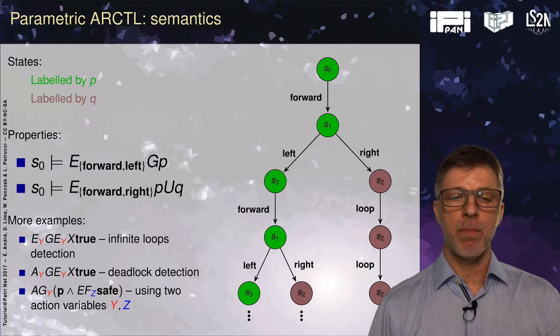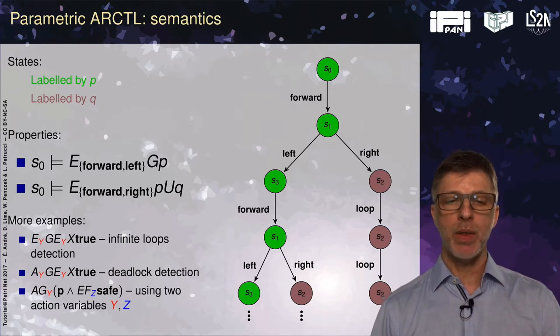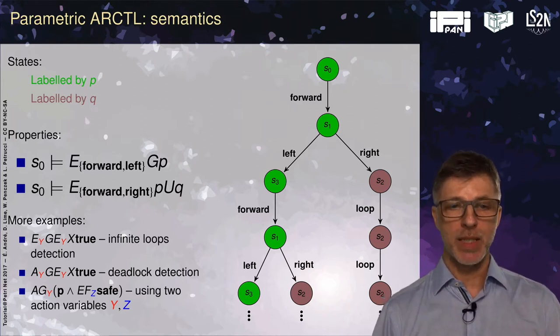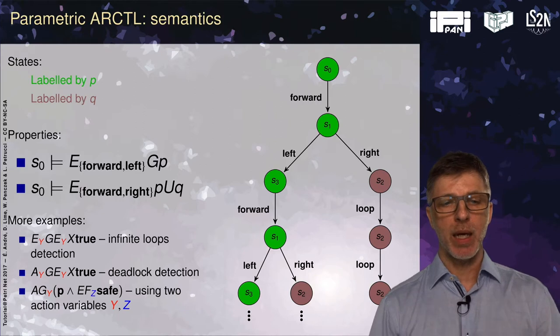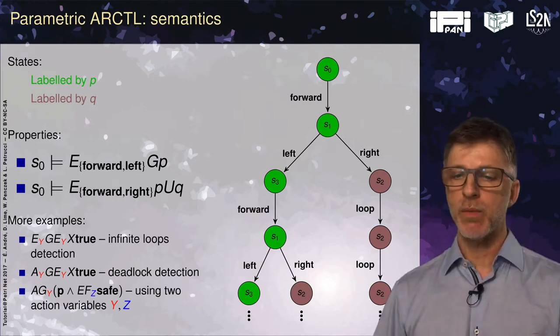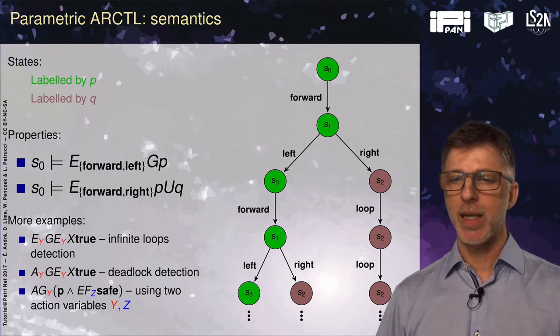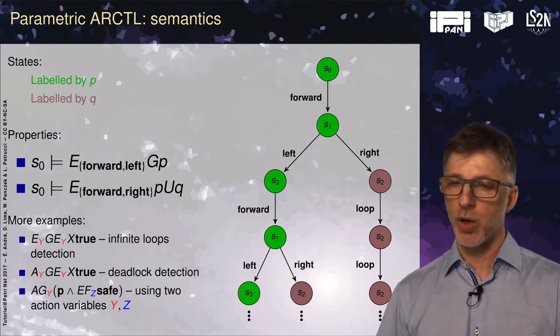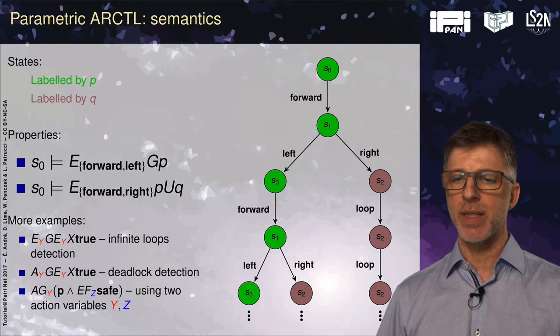There are more examples of how one can use variables. Namely, we can write a formula like the first one, which corresponds to infinite loops detection.